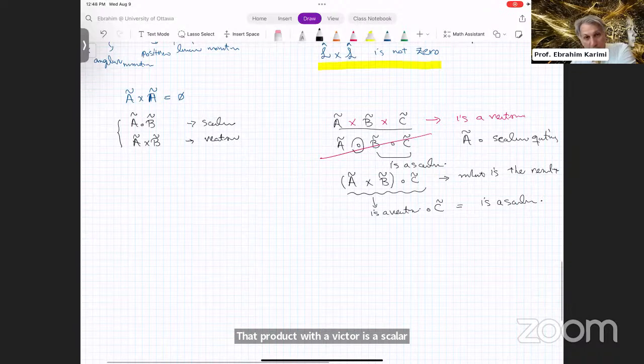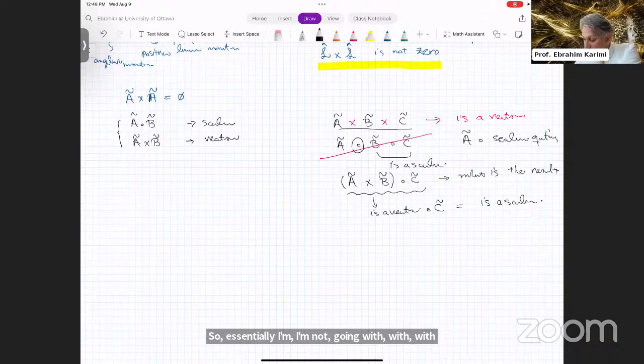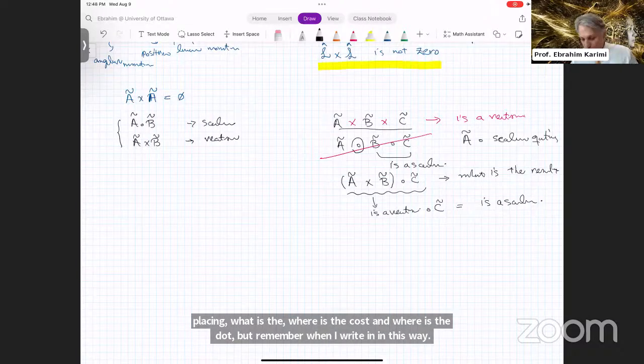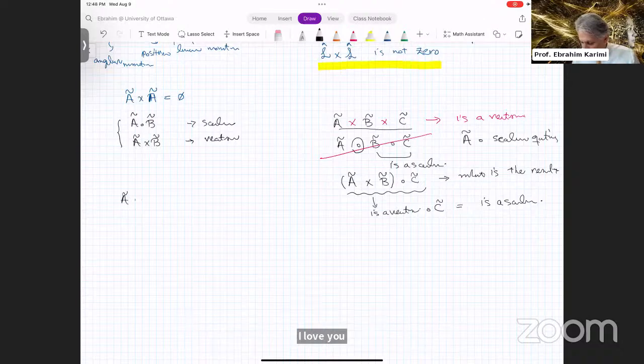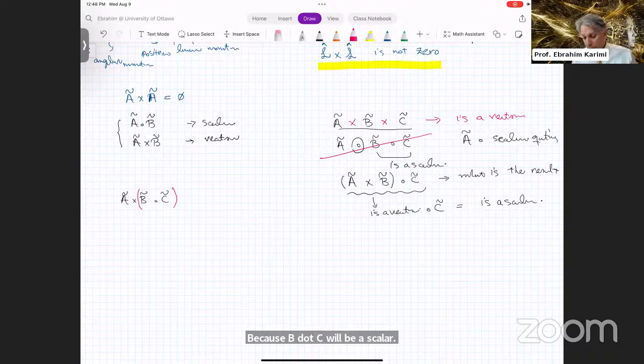Essentially, I'm not going to place where the cross is and where the dot is, but remember, when I write it this way, I allow you to respect the rules. If I write A cross B dot C, I don't expect you to have parentheses around B dot C, because B dot C will be a scalar, and a scalar will not be crossed with a vector.